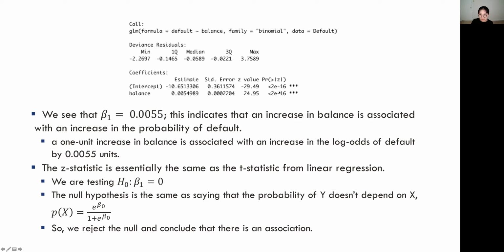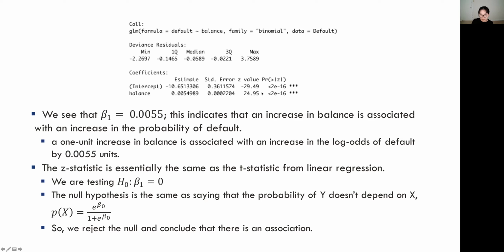The testing is just the same as before. For this one, we're testing the null hypothesis that beta 1 equals 0. That's the same as saying that the probability of y equal to 1 does not depend on x. If that's the case, then the probability of x will be like this.